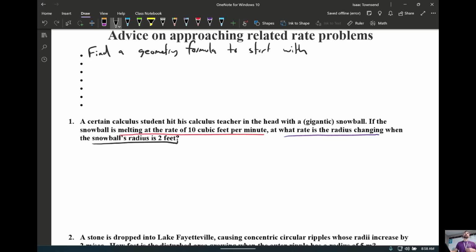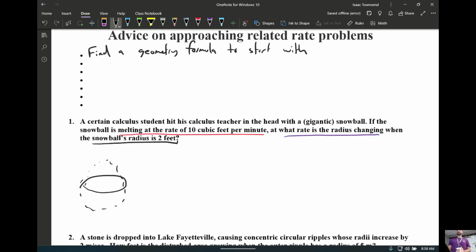So there should be some hint in this: the shape of the object, the dimensions, the type of information they give us, which is how fast the snowball is melting, how the radius is changing when the radius is this length. So what shape is this talking about? Sphere. Okay, it's a sphere. We're assuming it's a normal ball, snowball.